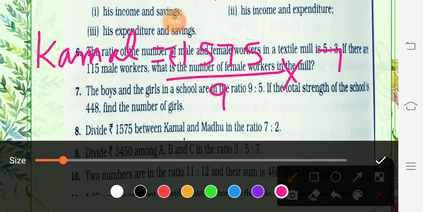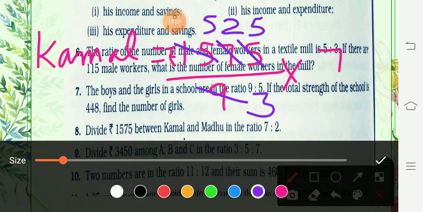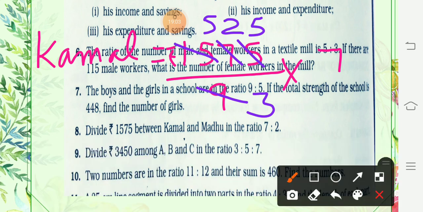Cancel by 3. 3 threes are 9, 3 fives are 15, 3 twos are 6, 1 left. 3 fives are 15. 525 upon 3 multiplied by 7. Again cancel by 3. 3 ones are 3, 2 left, 3 sevens are 21, 1 left, 3 fives are 15.